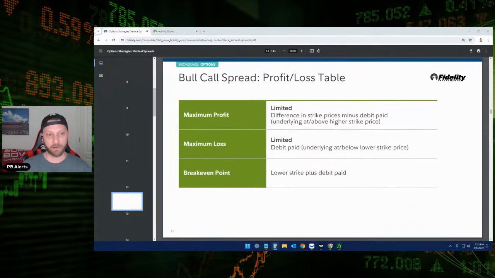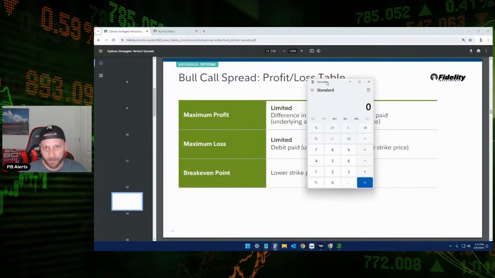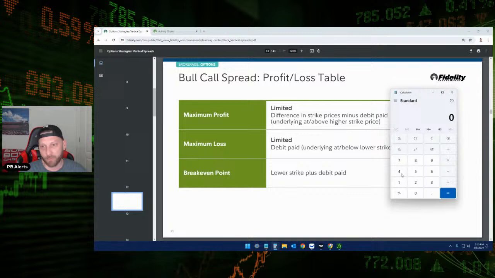If you want to figure out your break even on a debit spread, you take the lower strike plus the debit paid, and that gives you your break even. In this example, you paid $280 for the debit, and your lower strike is 40.